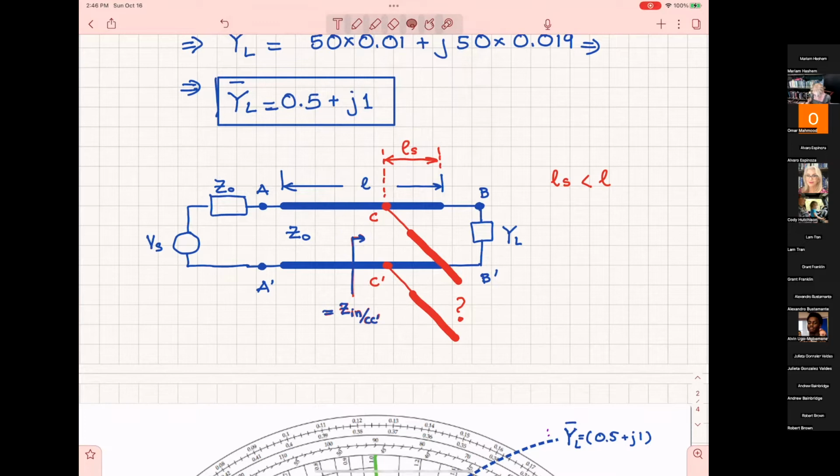If I am an observer at this point and I look in this direction, the input impedance that this whole thing presents to me to have a perfect match should be equal to Z0. Do you agree?